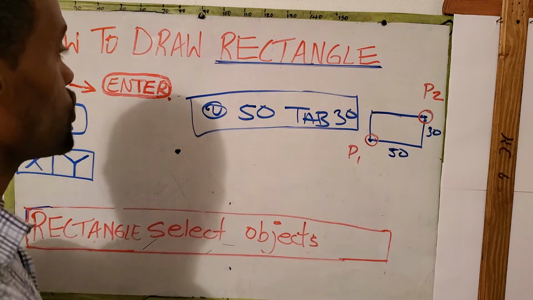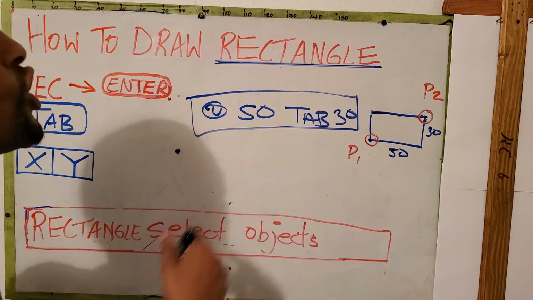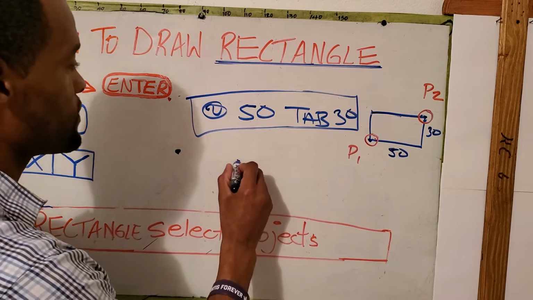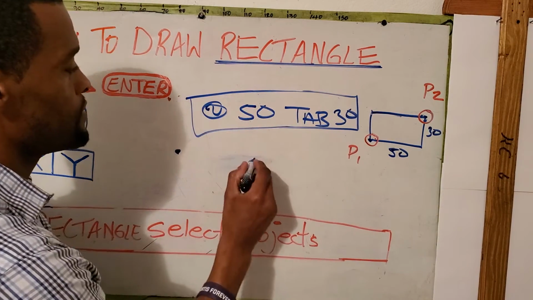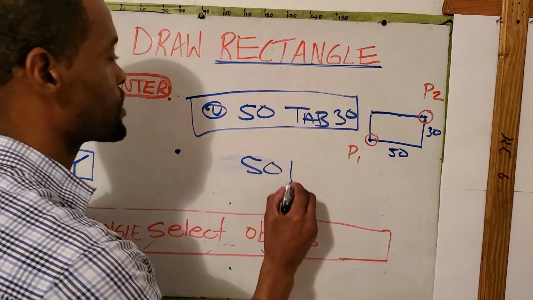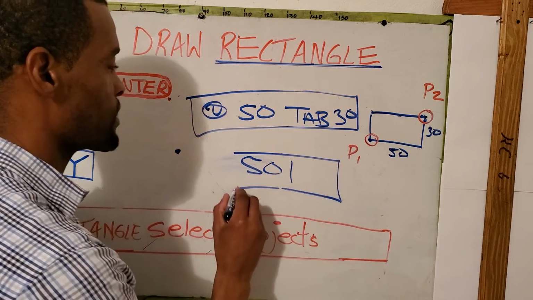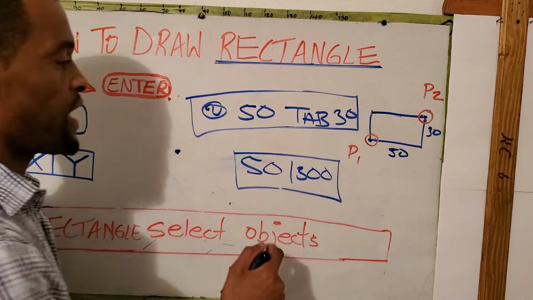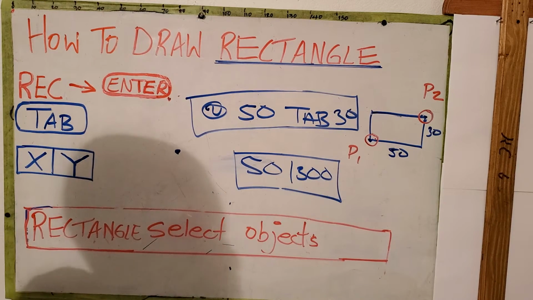Also, you should know that instead of the tab key, you could use the comma as well. Just in case you're entering the values and you realize that you have entered 300 instead of 30. Simple fix.